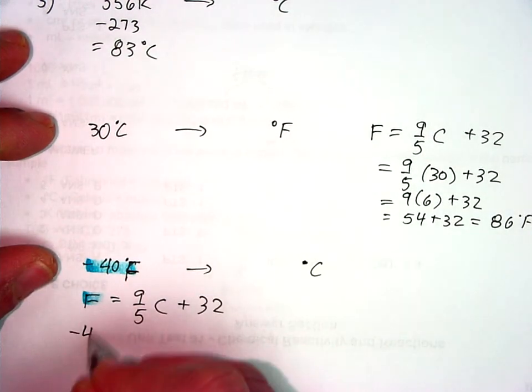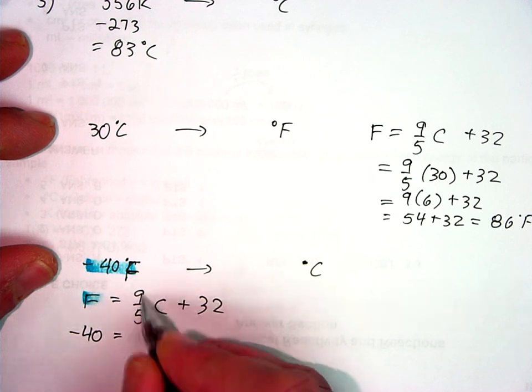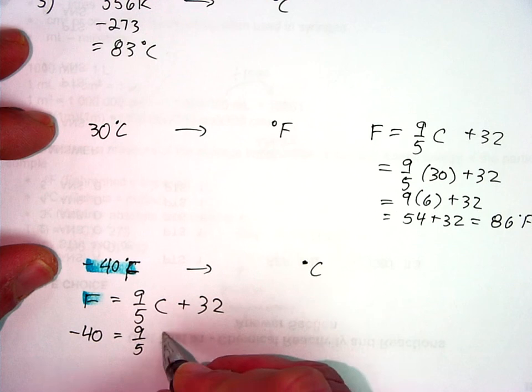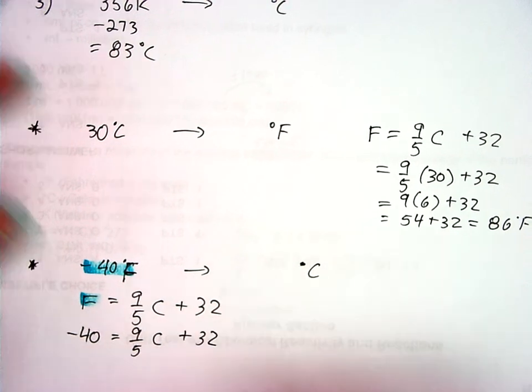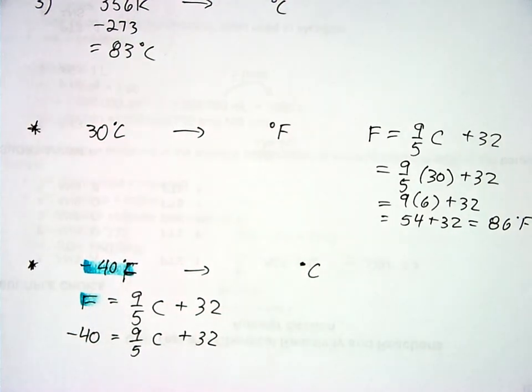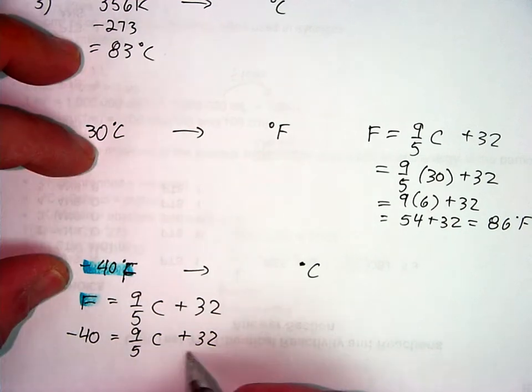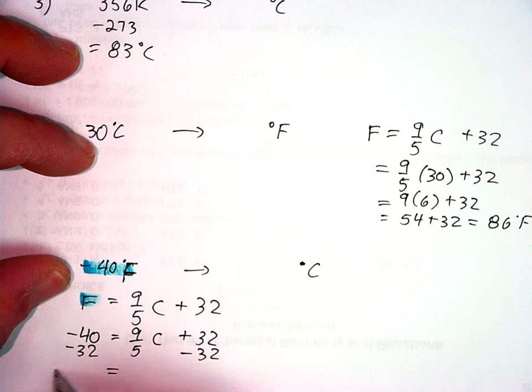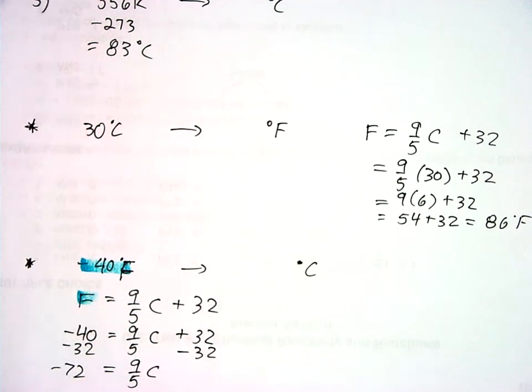So minus 40. Now, this is kind of a neat value here. You'll see shortly what I mean. So I'm going to move the 32 over. I'm going to subtract 32 from both sides. So that's going to be negative 72 equals 9/5 of C.